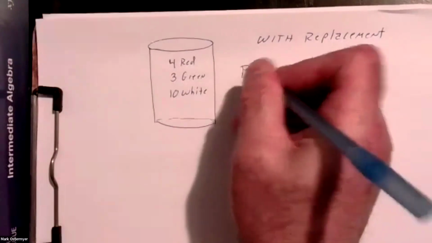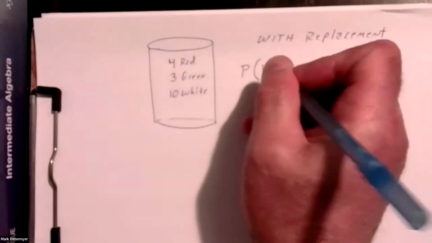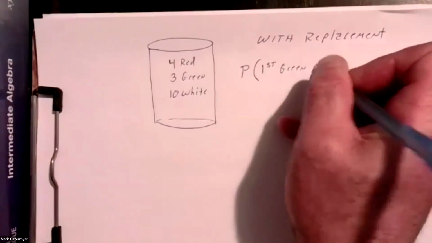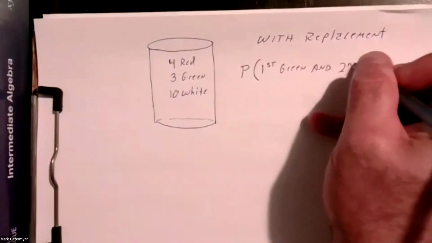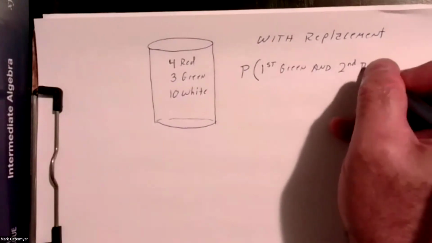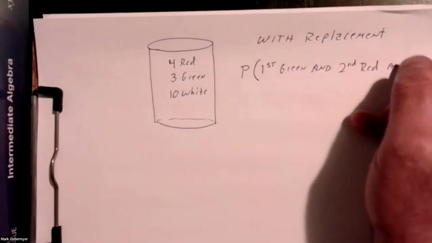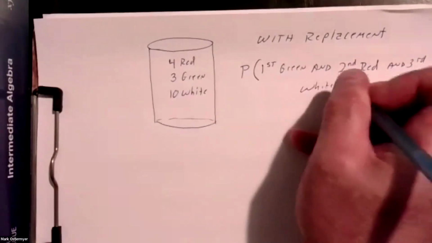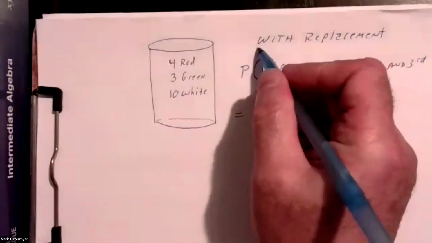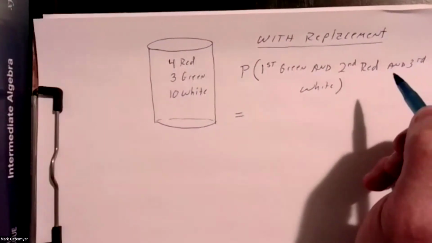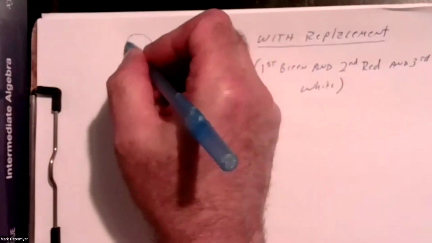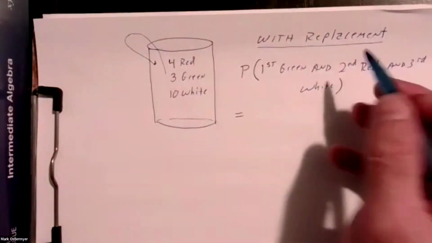What would be the probability that I reach in for the first time and pull out a green ball, and then the second selection is a red ball, and the third selection is a white ball. Well, since this experiment is conducted with replacement, if I reach in and pull out a green ball, I replace it right back into the container.